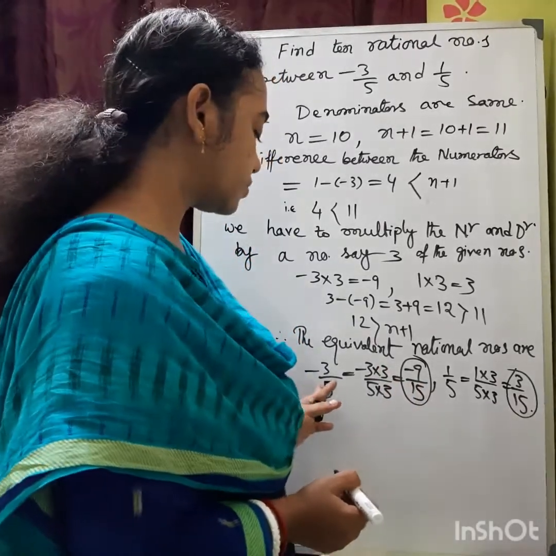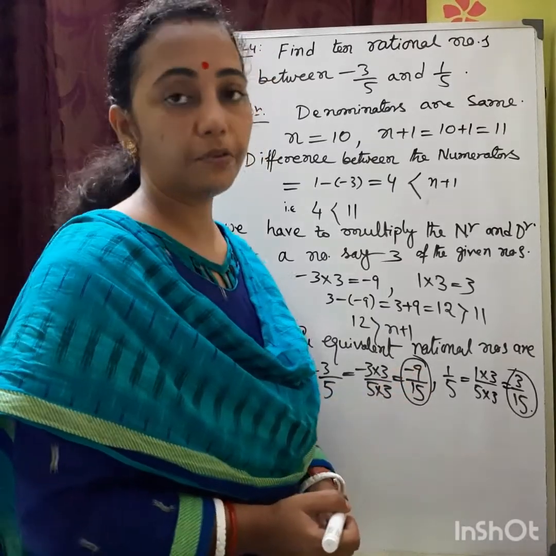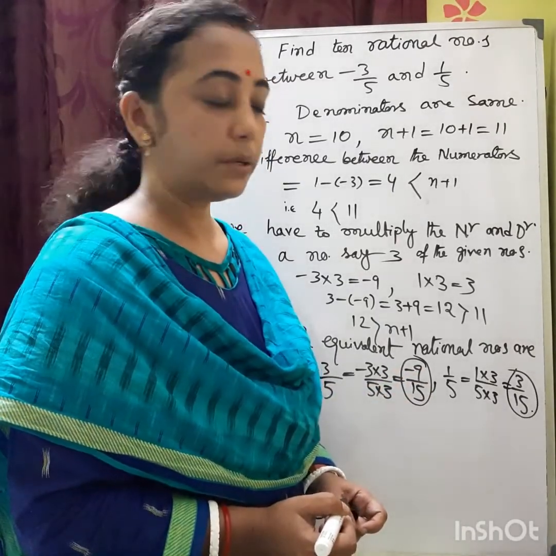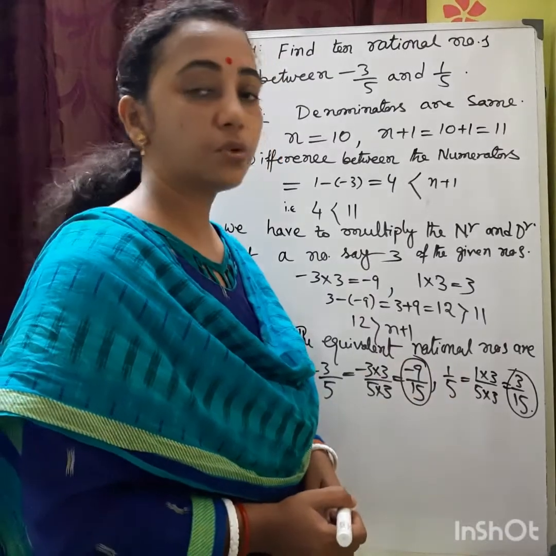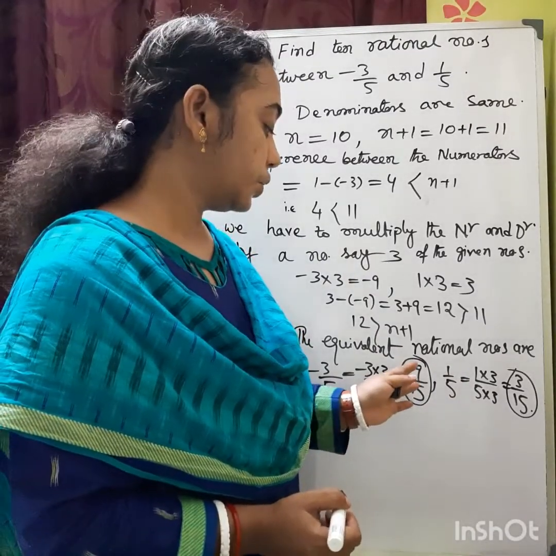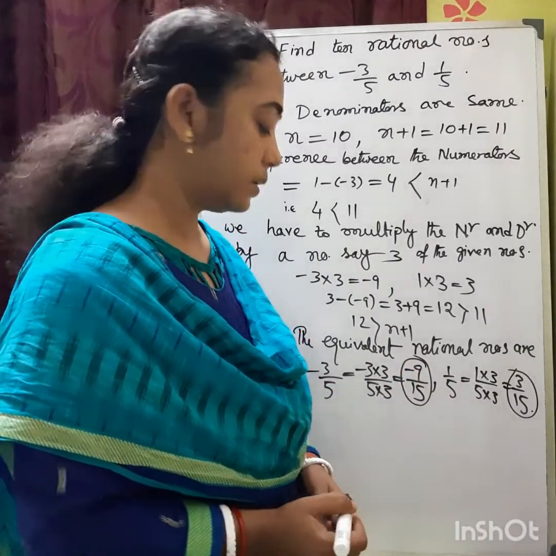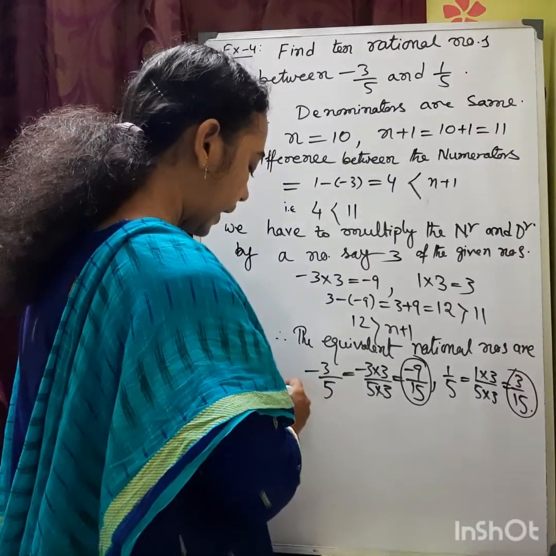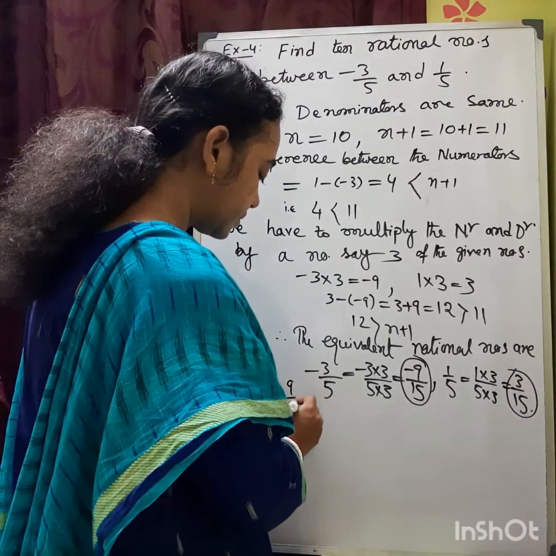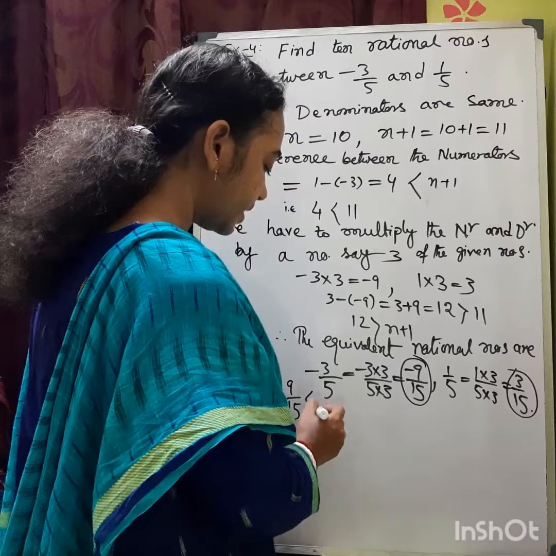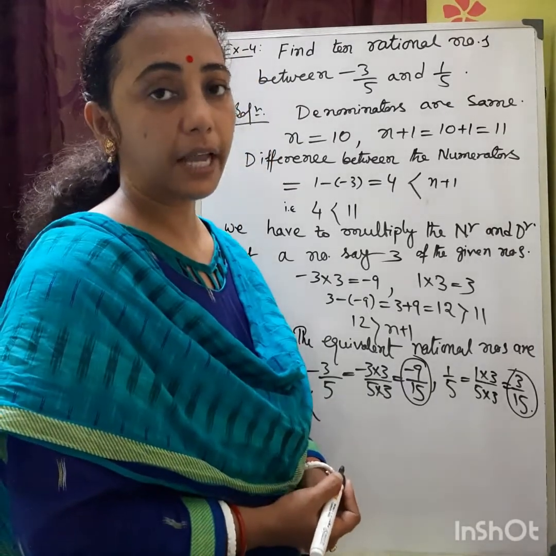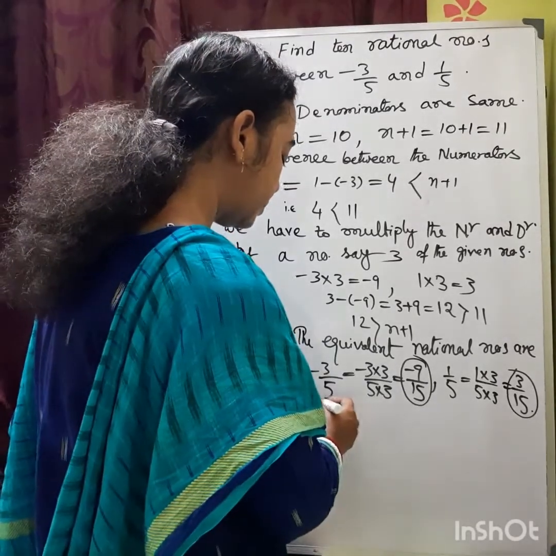So here minus 3 by 5, that means minus 9 by 15 is the smaller rational number between these two rational numbers. So now we increase the numerator by 1 successively, we get the required number. So as minus 9 by 15 is the first number, given number, so if we add minus 9 with 1, we get minus 8 by 15.